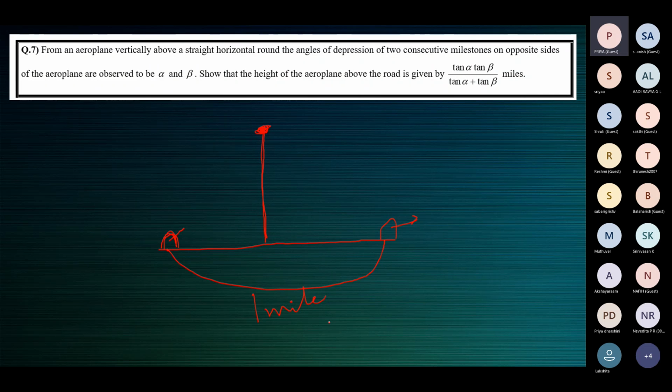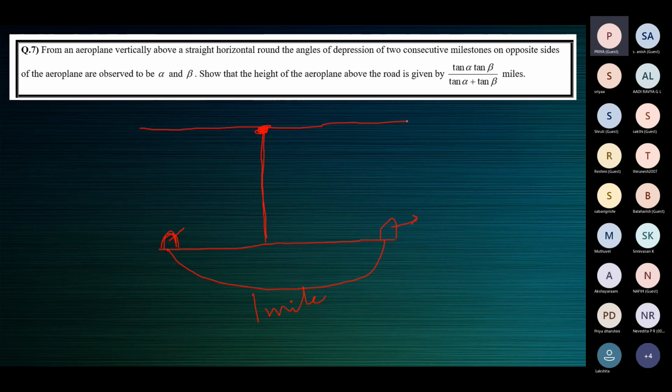The angles of depression of two consecutive milestones on the opposite sides of the aeroplane. So see here, opposite sides of the aeroplane. One is on this side, the other one is on the other side. From the aeroplane, the milestones are being observed.